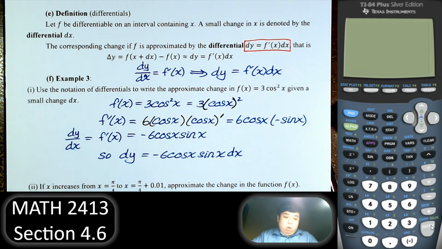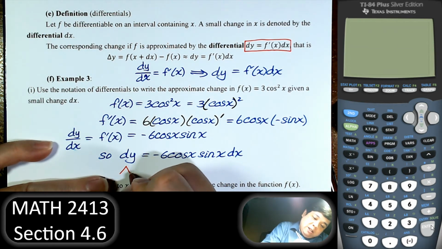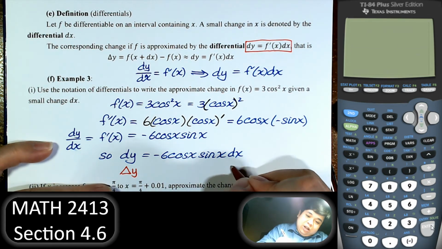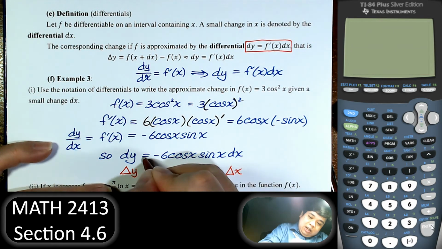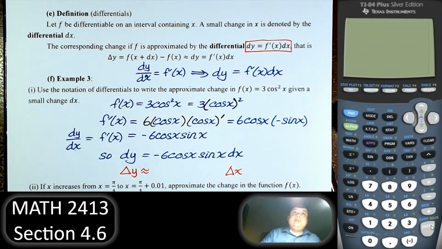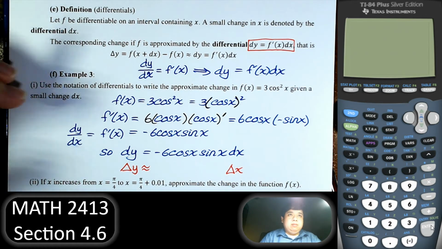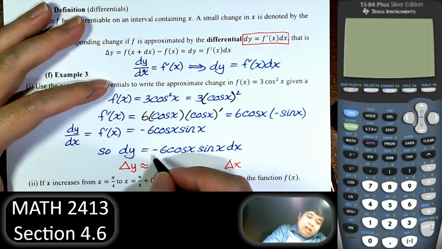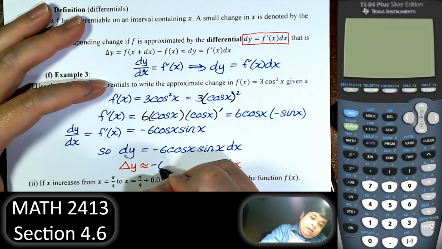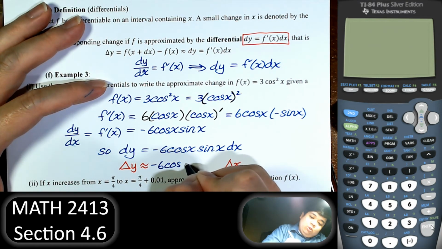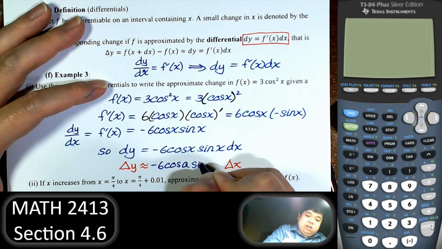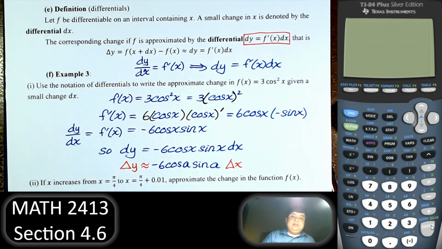Now if we want to approximate the change, we change the dy into delta y, the dx into delta x, and the equal sign into approximately equal. Right. And then the function here, of course, I can just copy the same thing, but notice that this will be evaluated at the initial value. a is just the initial value here. Right, so that's what we have.